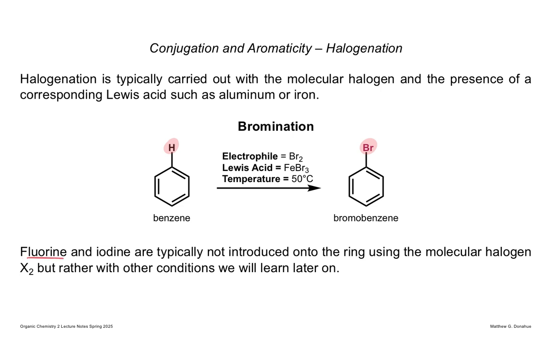So as I said, fluorine and iodine, like F2 or I2, are really not used for this purpose. They're introduced in another way that we'll see in 15 or 20 minutes.